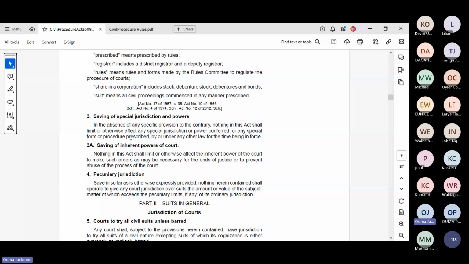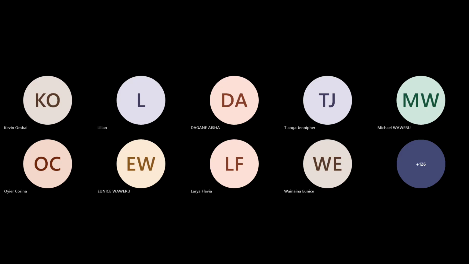Now let us look at it practically. Now you have seen people drafting applications. So if you look at Order 51 of the Civil Procedure Rules, it provides that every application that you draft, you have to tell us under what provision you're coming. For instance, if it is an application for injunction, the notice of motion, you will write under Order 40 to support that.